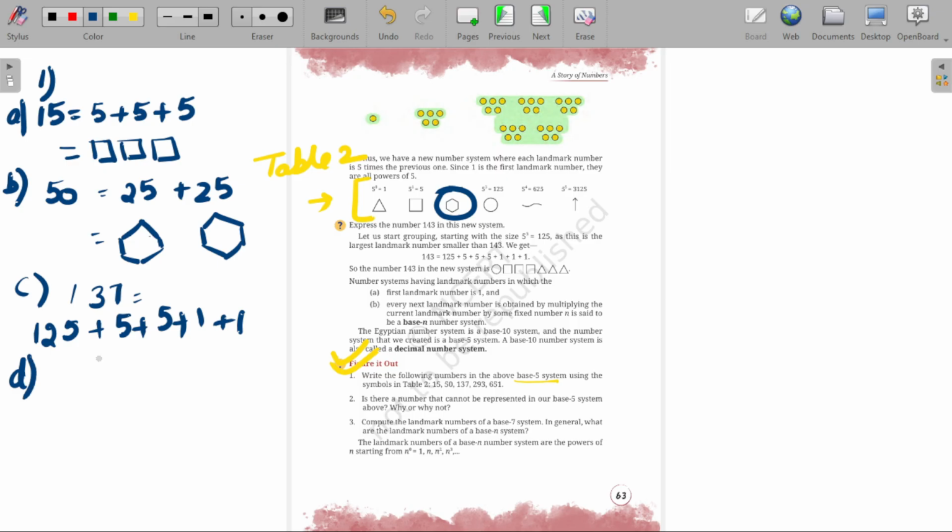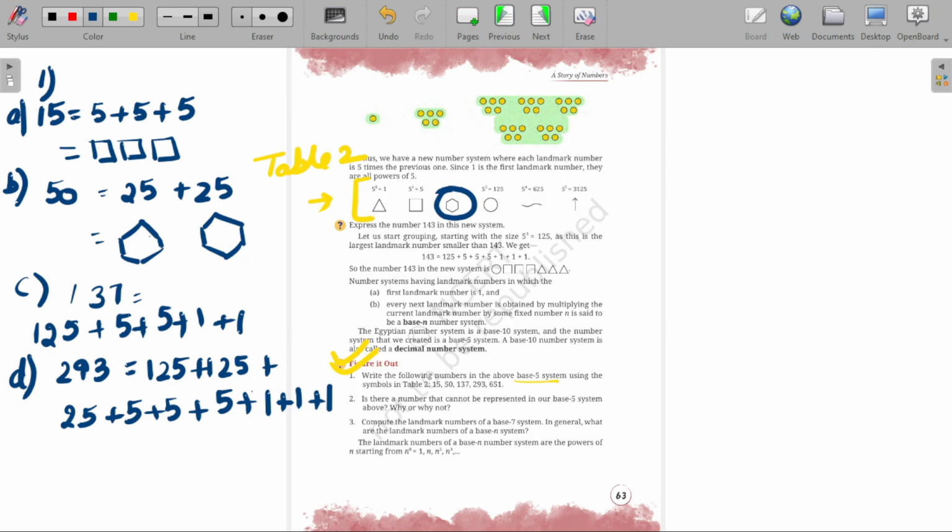Part D is 293, which can be presented as 125 plus 125 plus 25 plus 5 plus 5 plus 5 plus 1, 1 and 1. And the symbols are your homework.